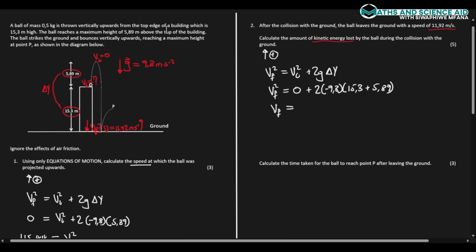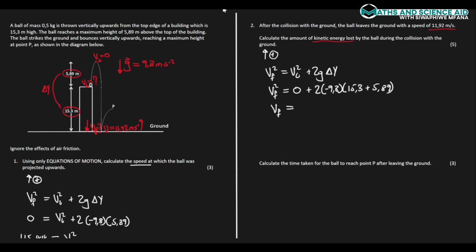Wait, because actually I'm making a huge mistake here. Our positive direction is upwards, and from the maximum height to the ground, the ball is moving downwards. The mistake that I am making is that I am making the displacement positive, whereas it should be negative, because this is a downwards change in position.